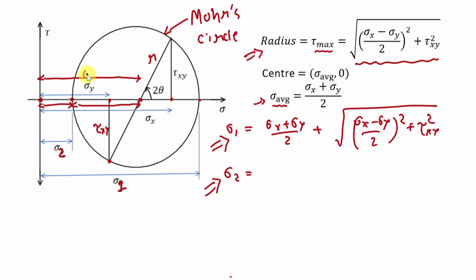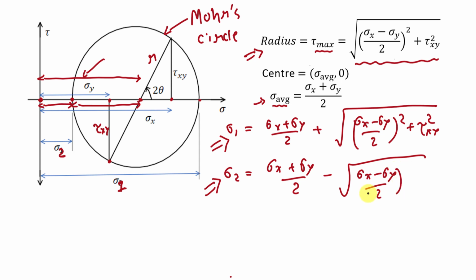And we know that this distance is sigma average, that is sigma x plus sigma y by 2, minus this radius, that is under root of (sigma x minus sigma y by 2) square plus tau xy square. Fine. So you can directly get value of sigma 1 and sigma 2 from this Mohr circle. Now we will take different types of examples so that it will be clear to you how to draw this Mohr circle for different types of examples. Fine.